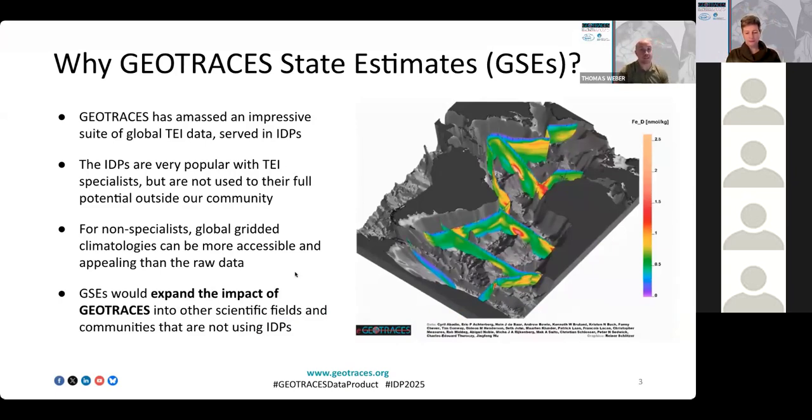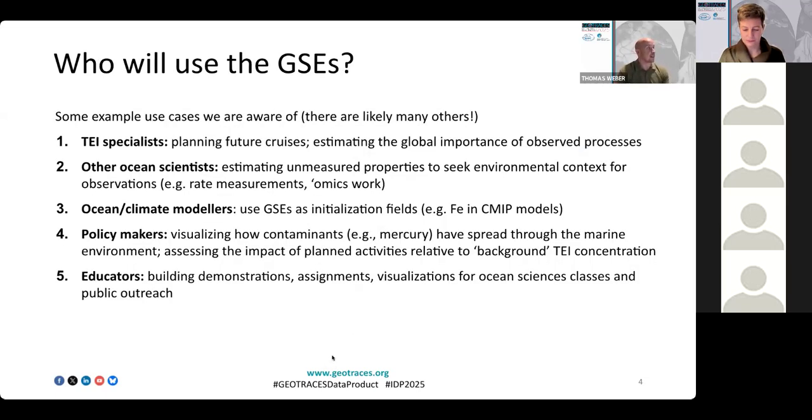We therefore hope that the GeoTraces state estimates, GSEs, will create new users and applications for our findings, of which these are a few potential examples. Applications within the TEI community could include helping to plan future cruises and estimating the global importance of observed processes that happen under specific TEI conditions.